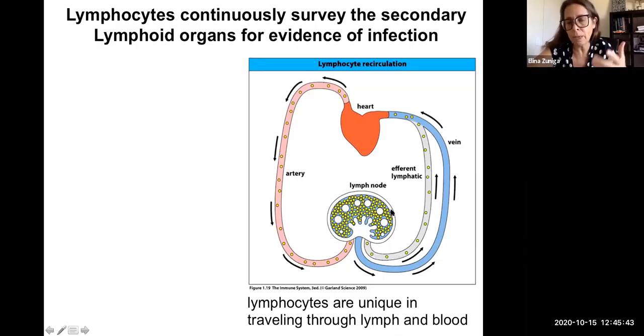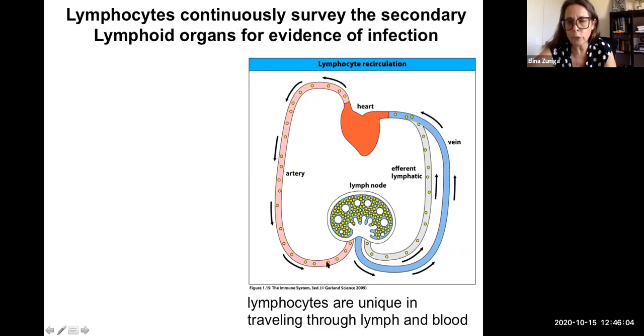Same with the majority of memory lymphocytes, and we may have time to learn more about that in the memory lecture.